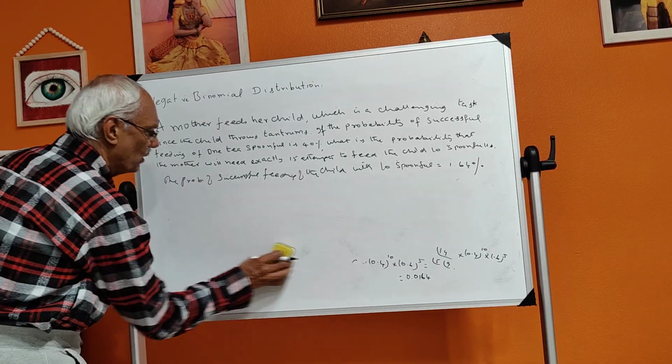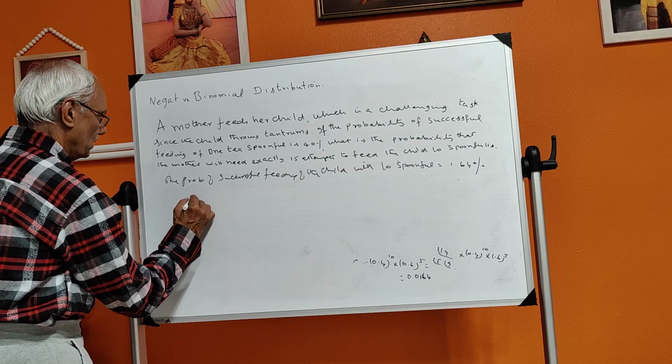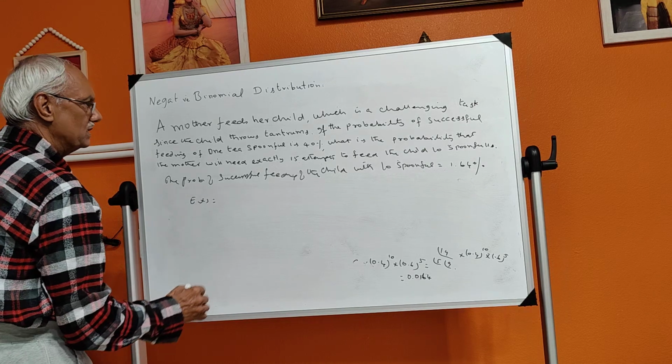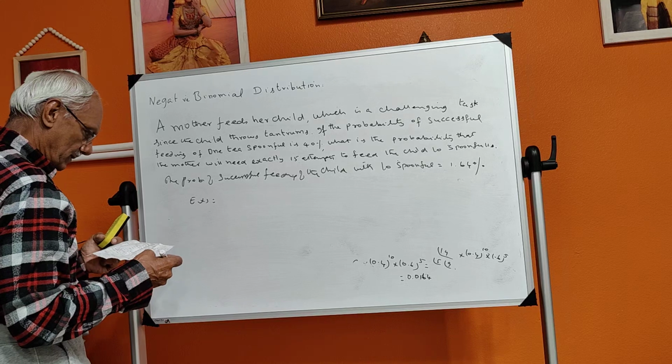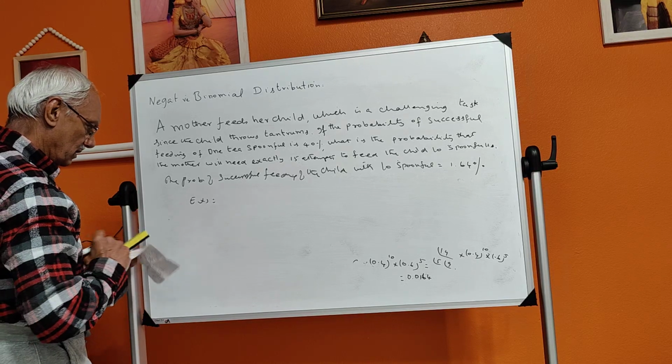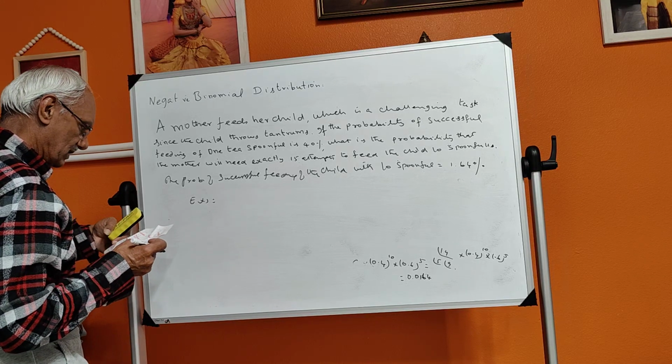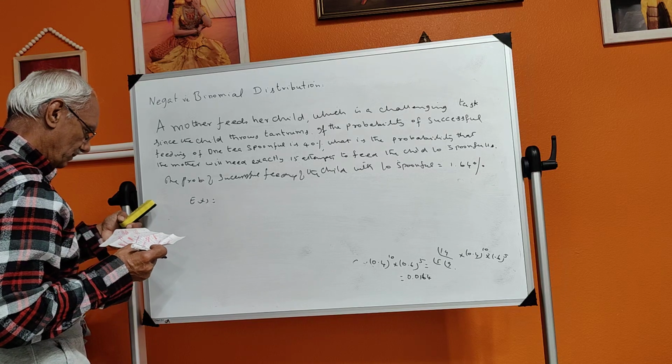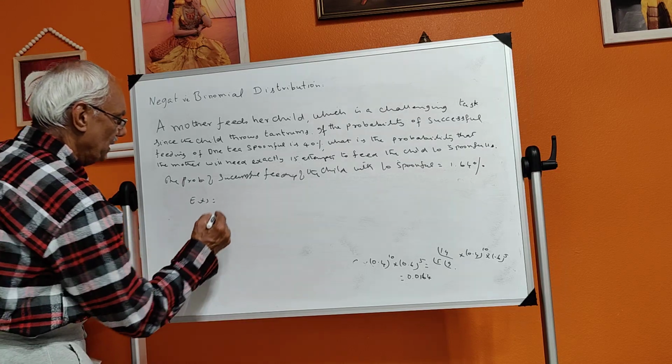Now, if you are interested, this is not given, but what is the E of x? We just apply the formula, and you will get this to be r times q by p.